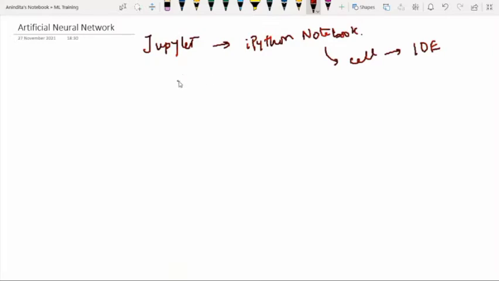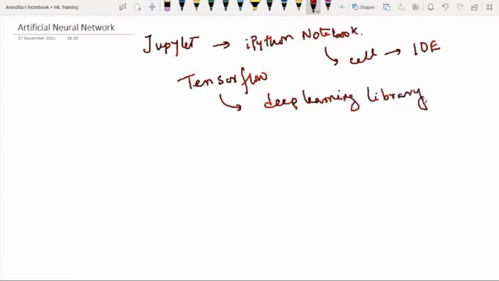So why are we using TensorFlow today? Whenever we are talking about TensorFlow, see, TensorFlow is a deep learning library. And it is created by Google Brain, means the Google Brain team.